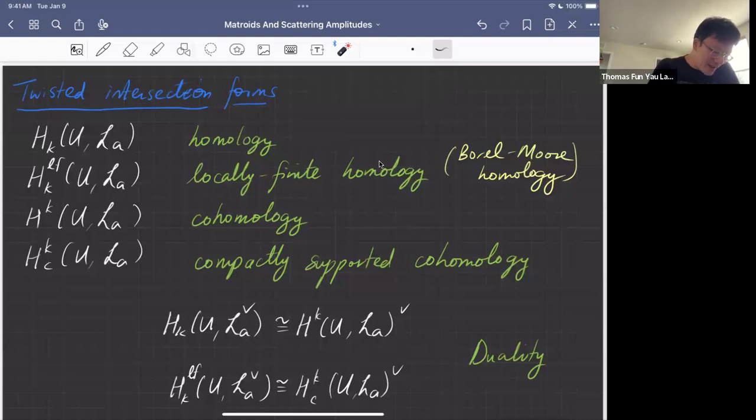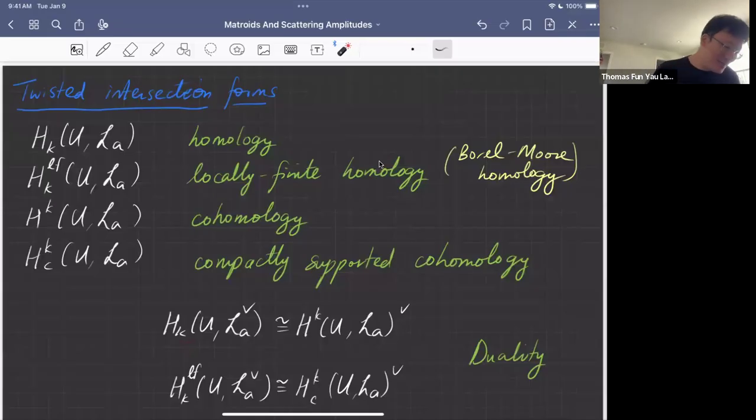And there are some natural dualities between these homology and cohomology groups. Homology is dual to cohomology. Locally finite homology is dual to compactly supported cohomology. Compactly supported means you only allow forms that are compactly supported.